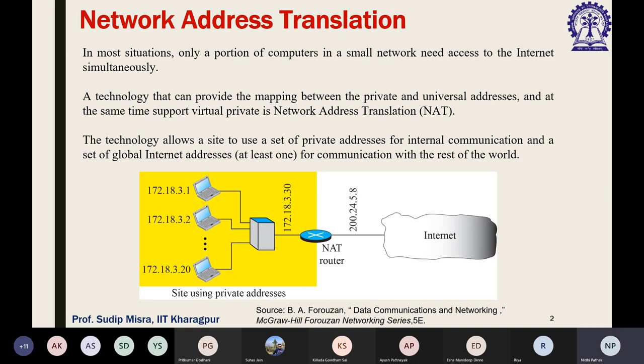But globally, a public IP address has to be unique. Within the organization, you can repeat. So you see that some mapping is required between the public IP address and the private IP address.